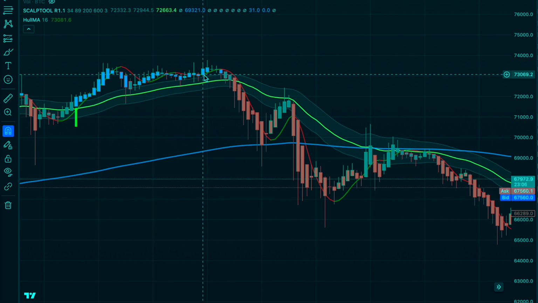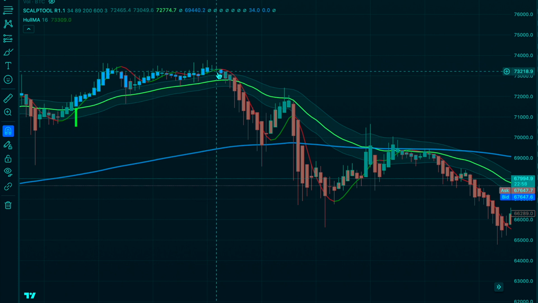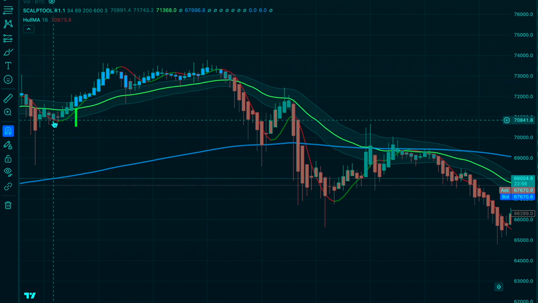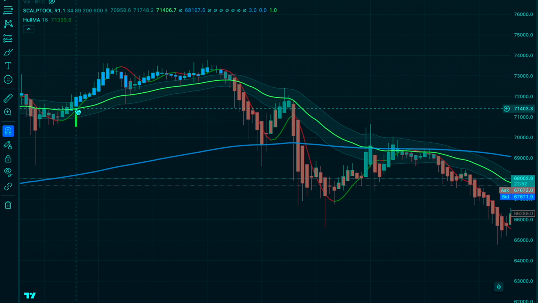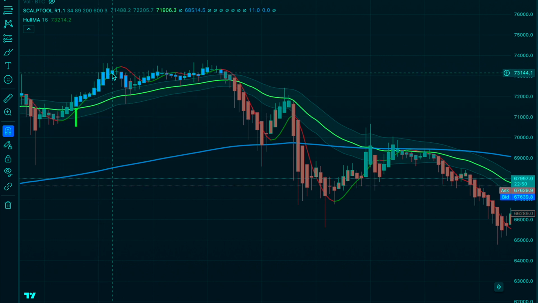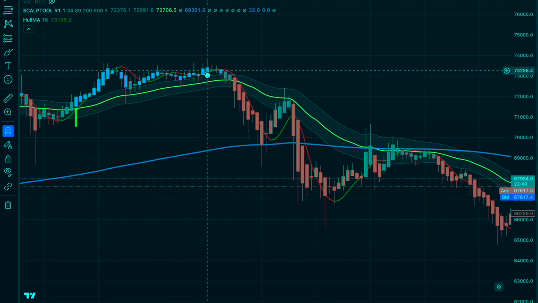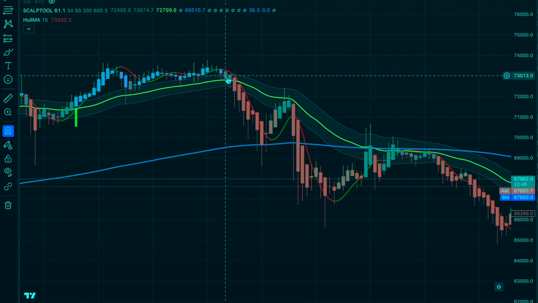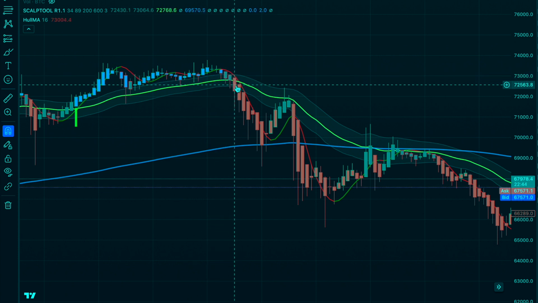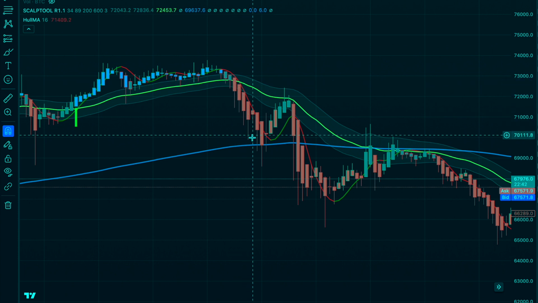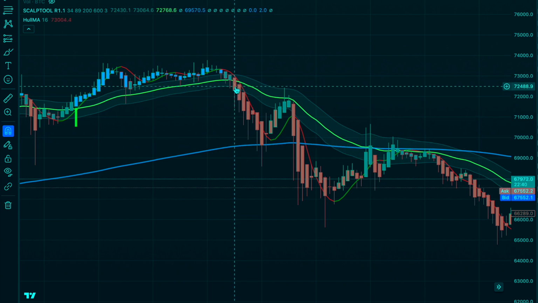You really want to get an entry when it's transitioning from a downward move to an upward move, or an upward move to a downward move. Similar to what we've seen here, it changed from down to up, and that gave us momentum. Here it would be tempting, but again we're above the 200 EMA, so we would not be taking this trade.